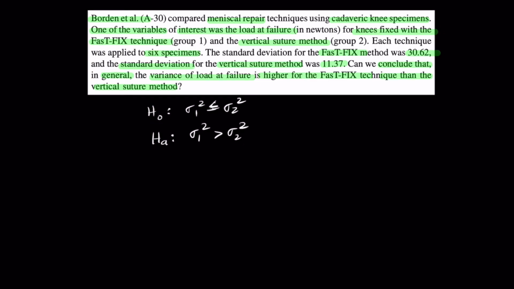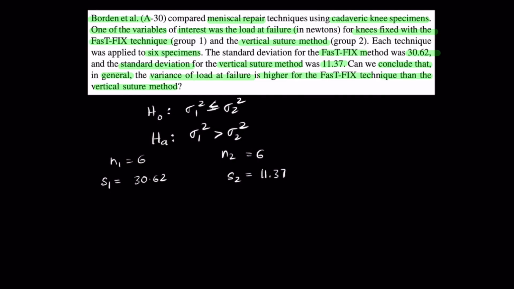So let's take the example. They have given us S1 and S2. S1 is 30.62 and S2 is 11.37. N1 is 6 and N2 is also 6, because each technique was applied to 6 specimens.